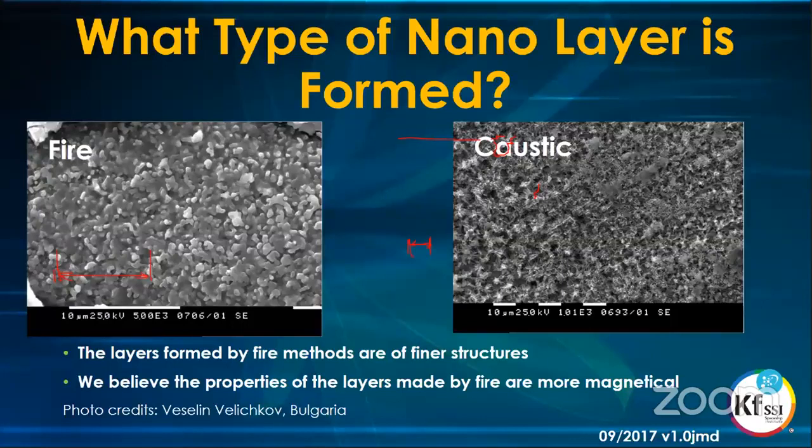It's a much smaller one, a much finer grain than with caustic. So that's why it has different physical properties. So you still can use both for making a GANS or for nano-coating a coil, but don't expect exactly the same result. So there will be always a slight difference in between.